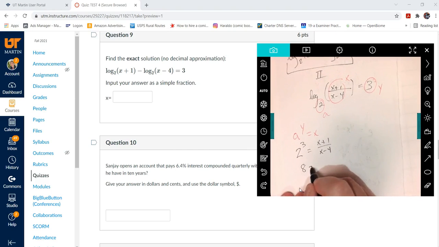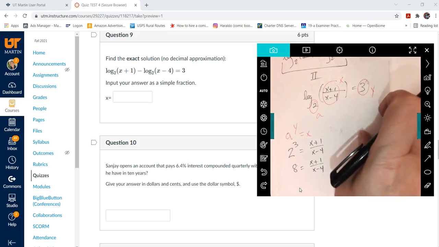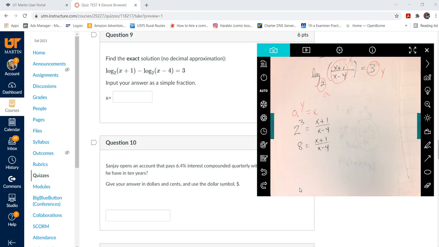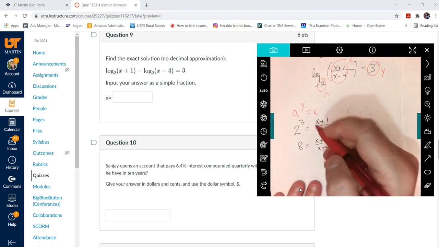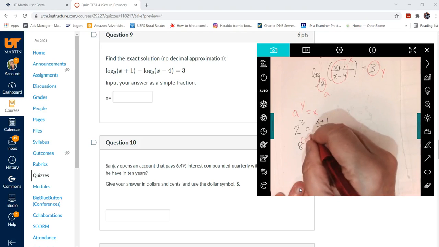Okay, so I'll have 8 equals that. Now I want to solve for x. X is in both the numerator and denominator of this fraction, so get rid of the fraction. Multiply both sides by x minus 4.